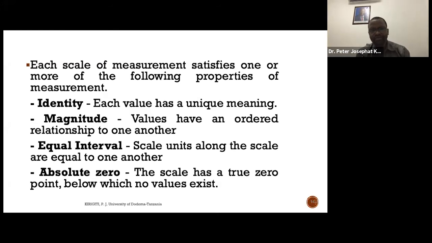Will it fall under equal interval or under absolute zero? Probably it will fall under equal interval, because with temperature you can have a temperature of 0, a temperature of -3, or a temperature of 5. So these are very important issues to consider when you are planning for the analysis of a survey.